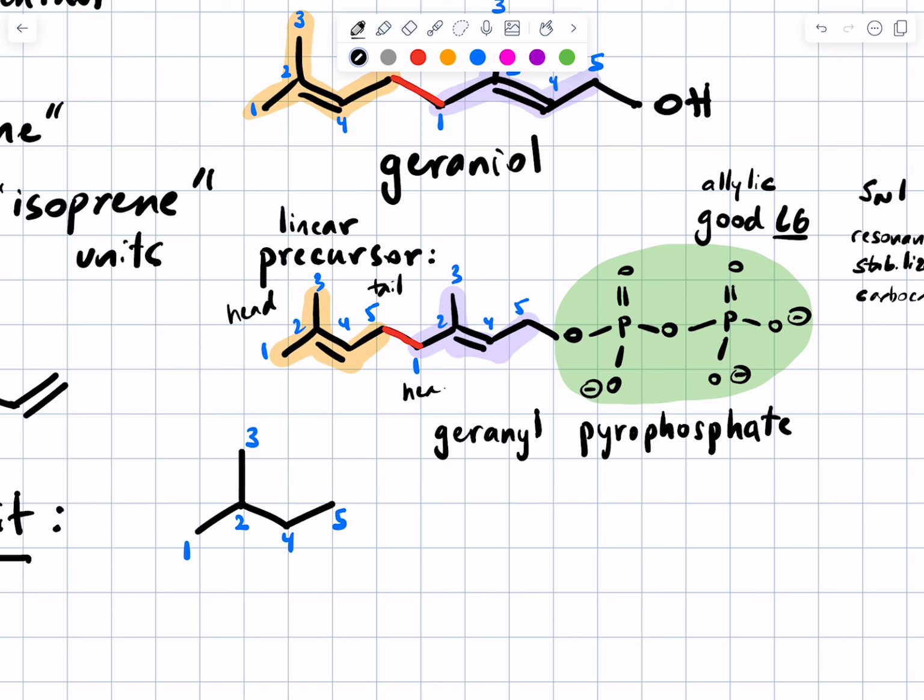And you can see that in this linear precursor, you've got head to tail linkages, the red line, between isoprene units. Your question is, do we ever see tail to tail or head to head linkages? The answer is yes. They can be somewhat difficult to do, but they do show up. Not in the linear precursors, though. The linear precursors are always head to tail for reasons that I'll show you.